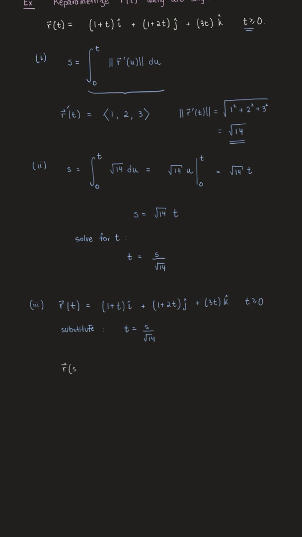So our vector function in terms of s is equal to (1 plus s over the square root of 14) i, replacing this t with s over root 14, plus (1 plus 2s over the square root of 14) j, where I've replaced this t with s over root 14, plus 3s over the square root of 14 k. And since t was greater than or equal to 0, s over the square root of 14 must be greater than or equal to 0, which also means that s is greater than or equal to 0. This can only happen if s is greater than or equal to 0.